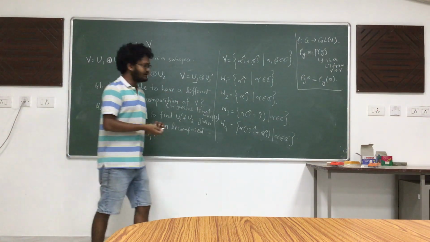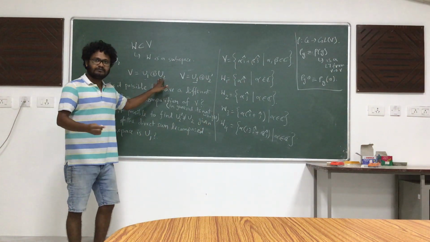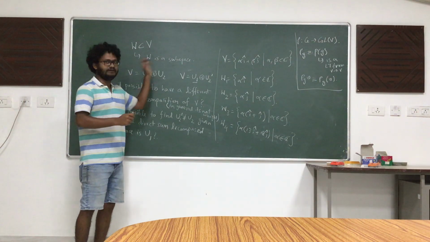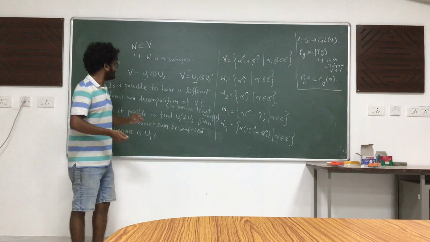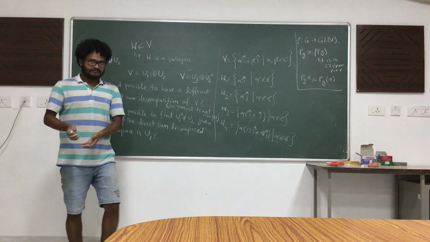So the example you have given is, instead of U1 U2, we have chosen some different basis, and we say like W1 W2. But let us say now, for the time being, we'll fix U1.